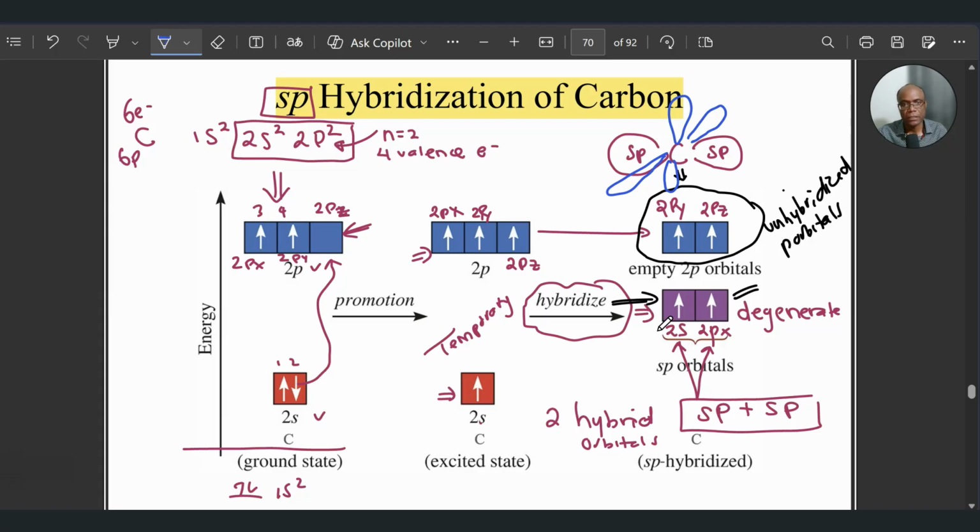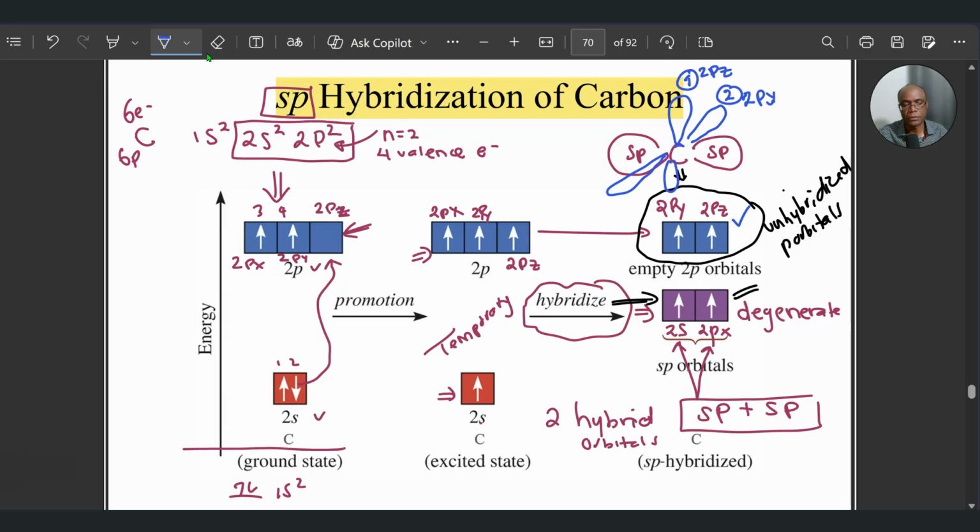So these are 2 p orbitals that were unhybridized, the ones you see here. Probably the first one is the 2pz, and the second one is the 2py, based on the orientation on the Cartesian plane.